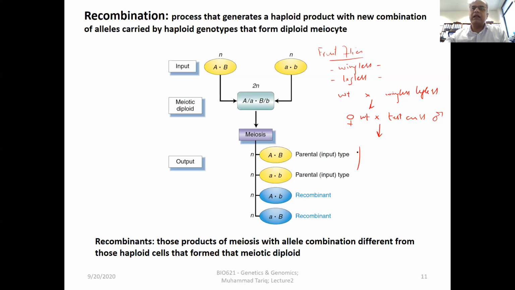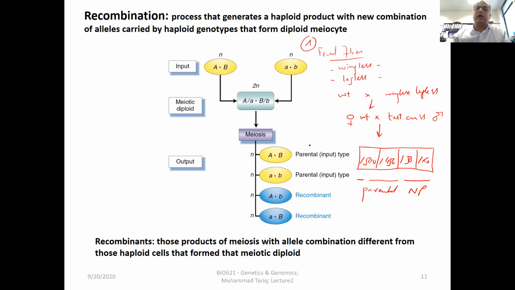And you received parentals and non-parentals, let's say 150, 160, 1500, and 1450. This is problem number 1.